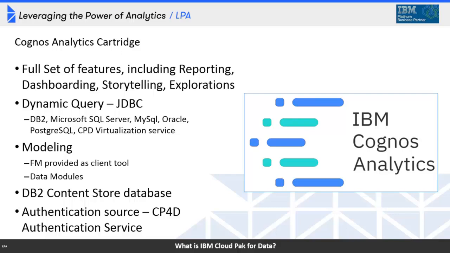When you install Cognos Analytics in general, you need a content store database, a database in which all of the objects you create in Cognos Analytics are stored. With the Cloud Pak for Data cartridge of Cognos Analytics, you will get automatically a DB2 content store database. And another thing provided by the Cloud Pak for Data platform is the authentication source used to define users and authenticate users to Cognos Analytics.